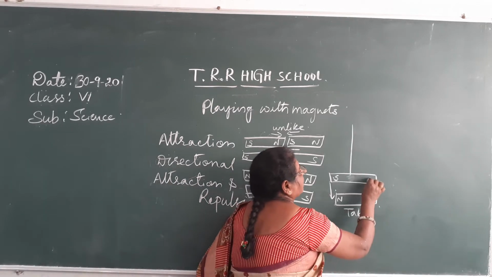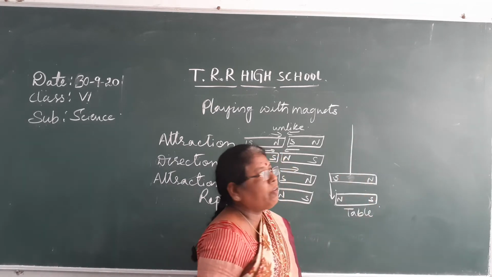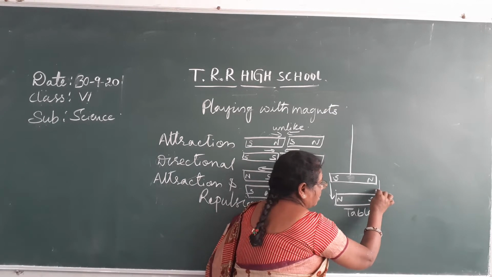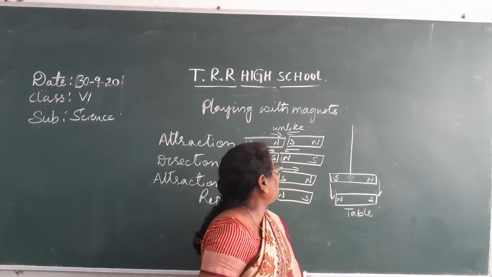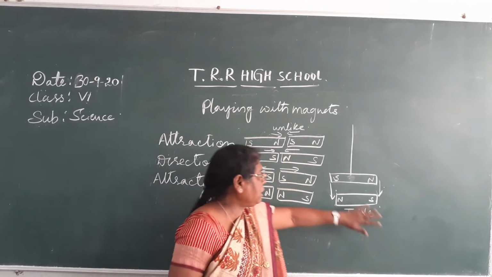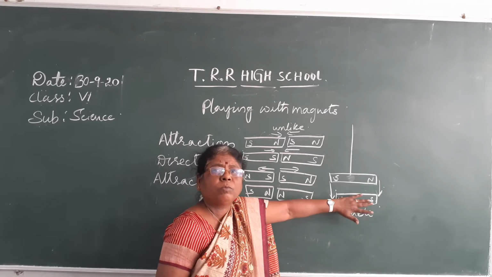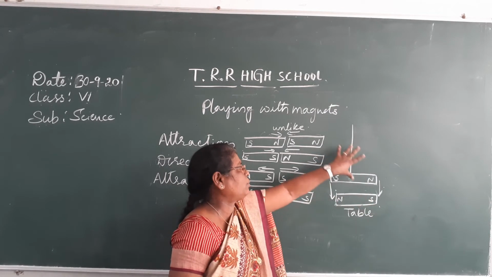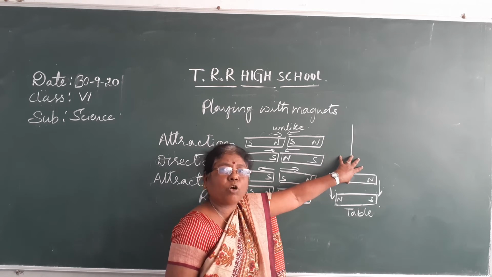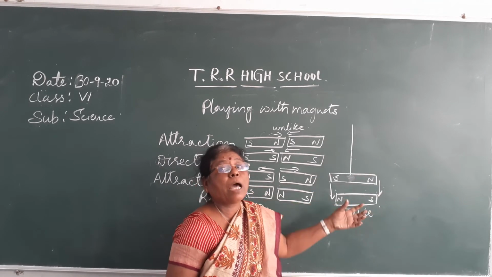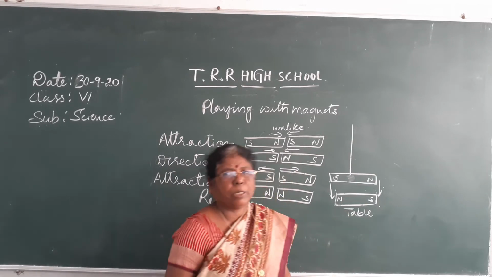In the same way, the north pole of the suspended bar magnet points towards the south pole of the bar magnet on the table. If you change the direction in any way, the suspended bar magnet always points to the opposite poles of the bar magnet placed on the table.